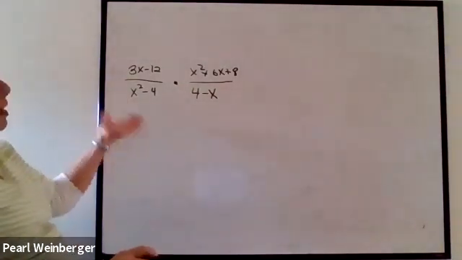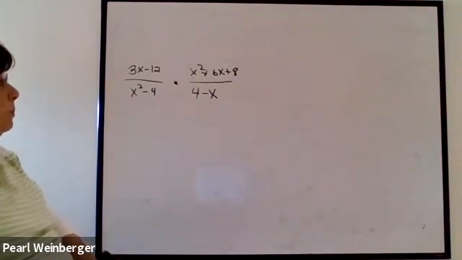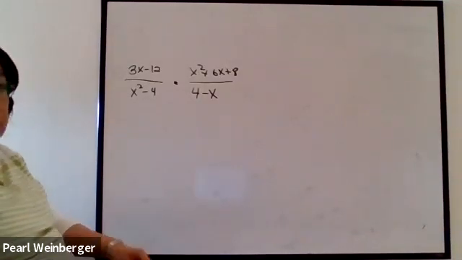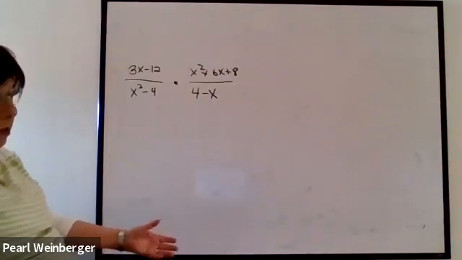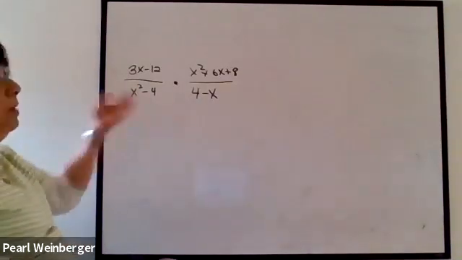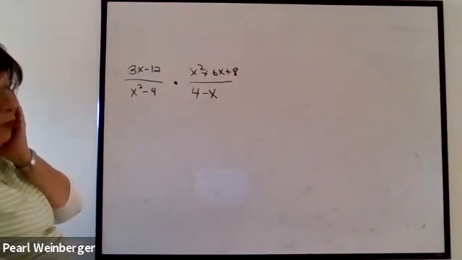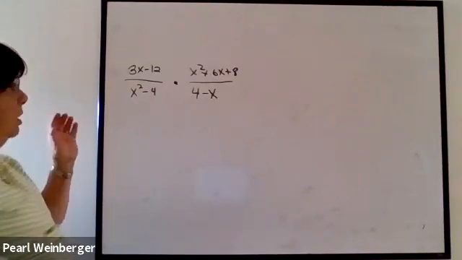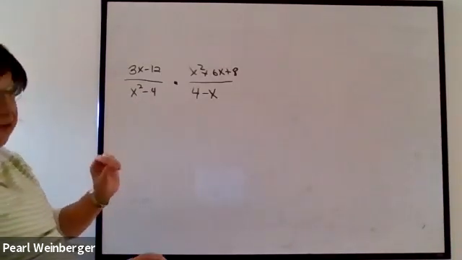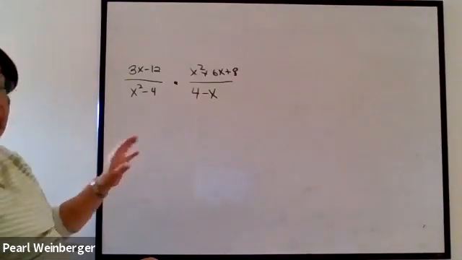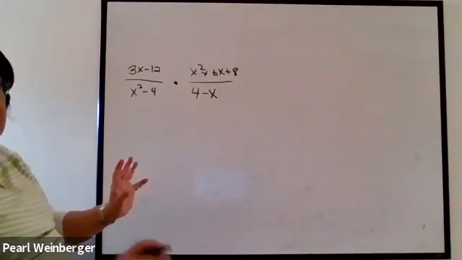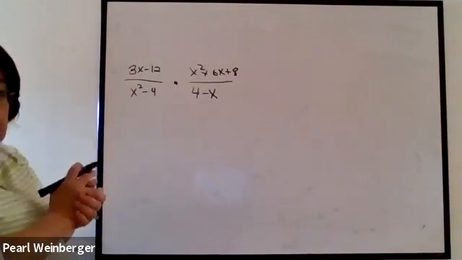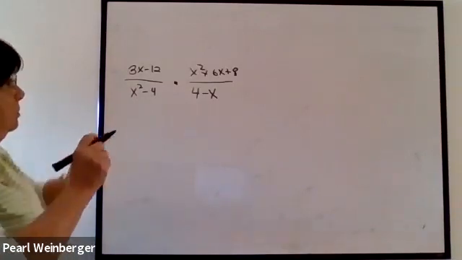Okay, this is a multiplication problem. And in this case, our fractions are made up of polynomials. So we know that we're going to try and factor everything first, see if we can cancel anything out, and then finally multiply the numerators together and then the denominators.